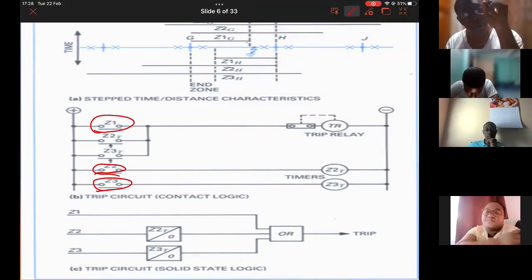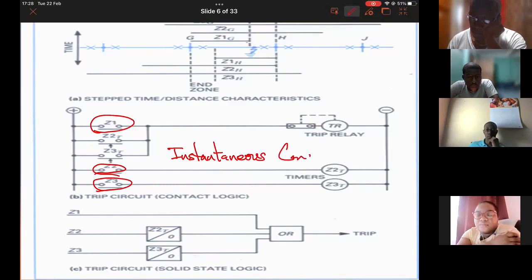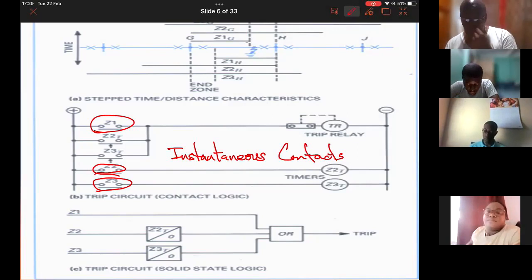That is true. However, in your contact logic, Z1, 2, and 3 are all instantaneous contacts.